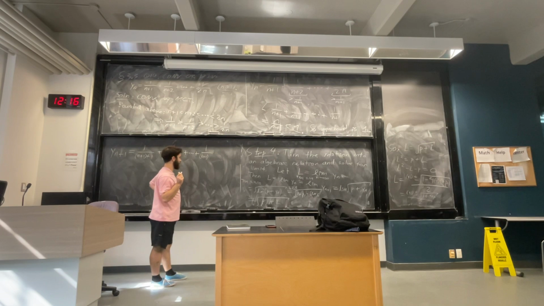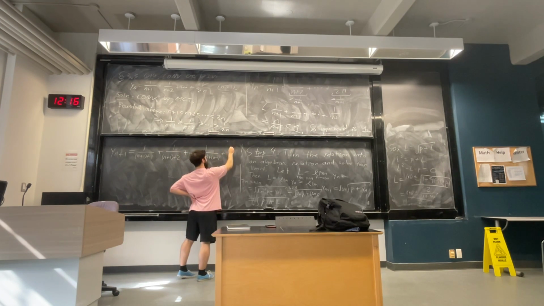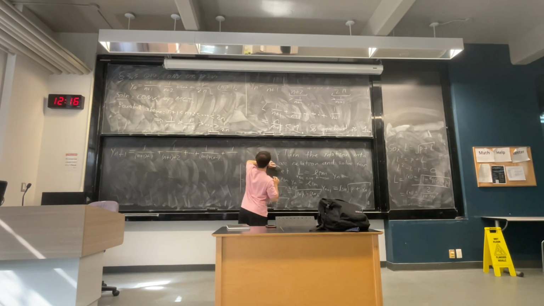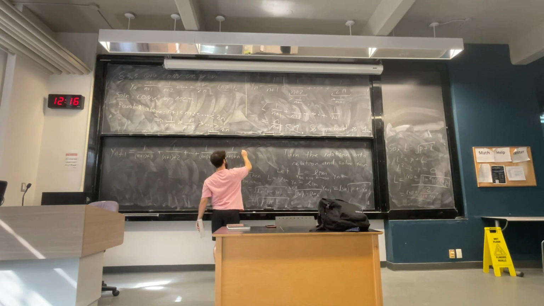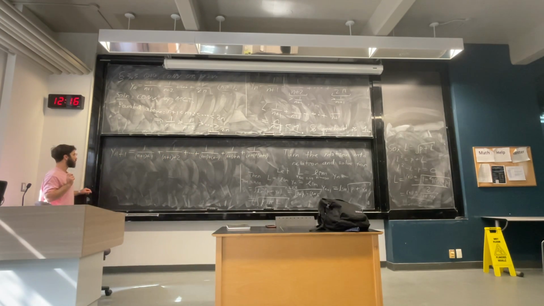So n plus 1 plus n minus 1, plus 1 over n plus 1 plus n, and then the final term is 1 over n plus 1 plus n plus 1. Right, so this is our 1 over 2 times n plus 1.